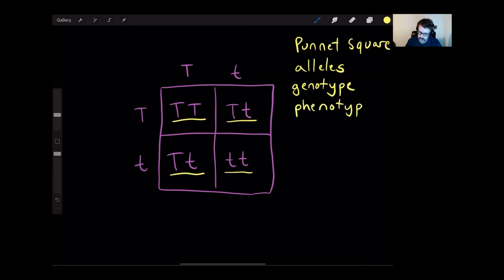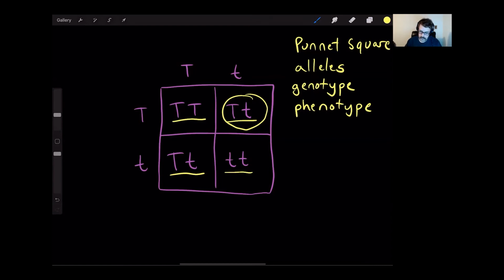So let's say this one right here, for example, has a genotype of a hybrid, dominant and recessive. If this was a pea plant, it has a tall dominant allele or gene for the tall plant, and a recessive short allele. But its phenotype, or its physical appearance, is a tall pea plant. Because it's got the dominant gene, that means it's a tall plant.